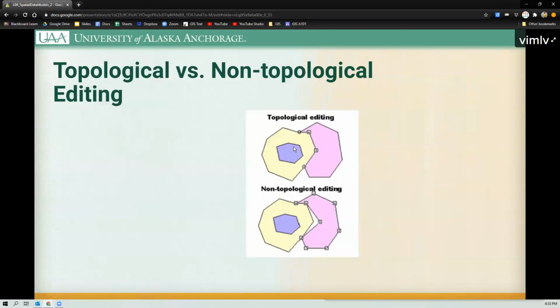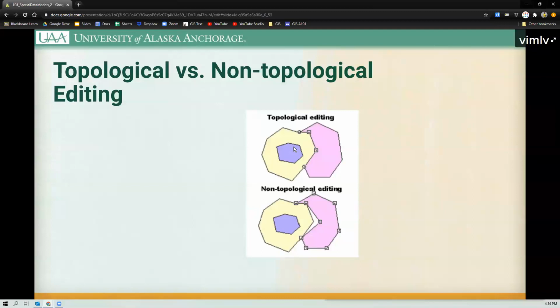So one of the consequences of this for the functionality of the software is, although you may not see what's happening behind the scenes to create these topology rules, you can use them to enforce rules while you're mapping.